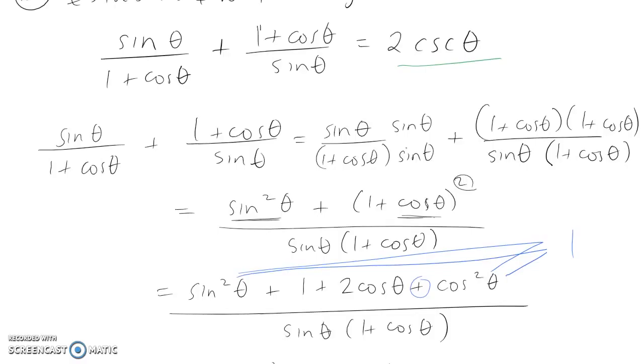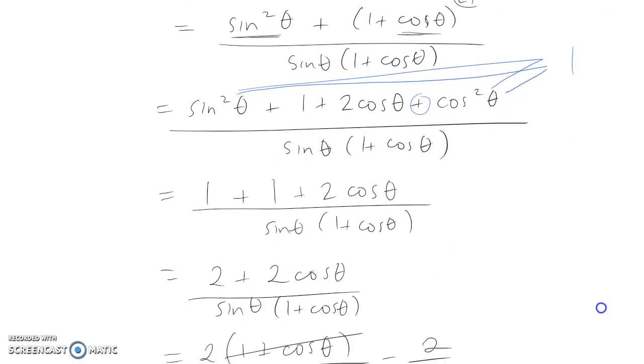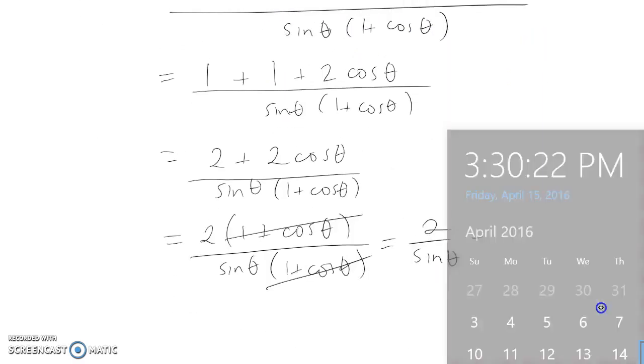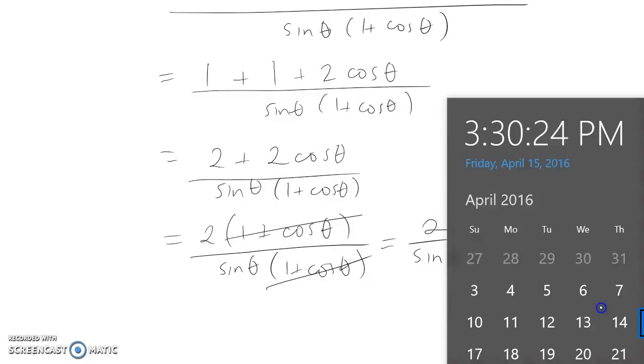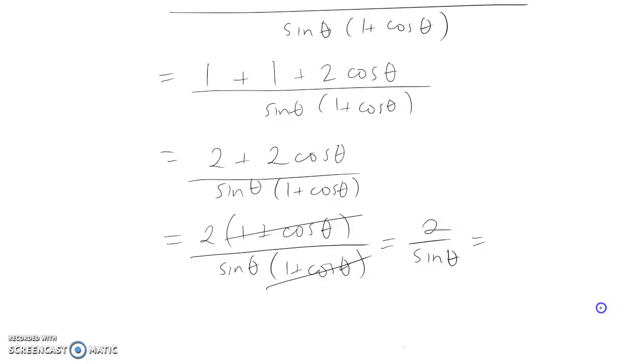I know that cosecant theta is 1 over sine. So I can rewrite this as 2 times 1 over sine theta, which is 2 times cosecant theta. Done. All right, so I've just established that identity.